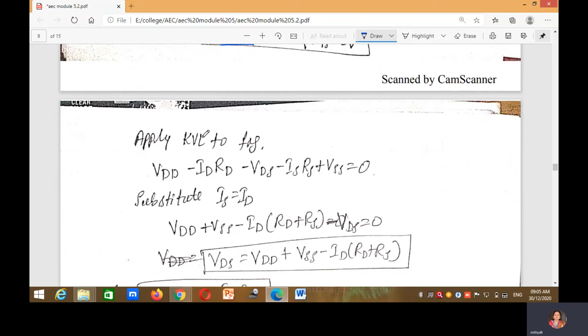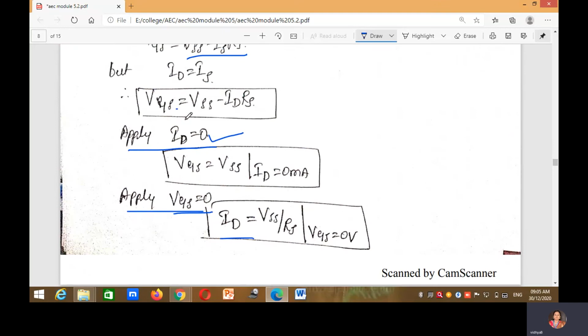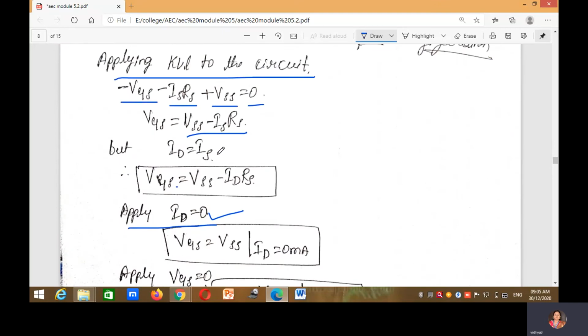Next, apply KVL to the figure, that is you'll get on the output side VDD minus ID RD minus VDS minus IS into RS plus VSS is equal to 0. But we know that IS is equal to ID. This is the output side equation. On the input side we have also considered ID is equal to IS.